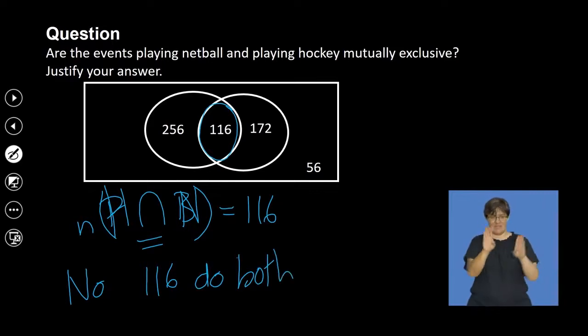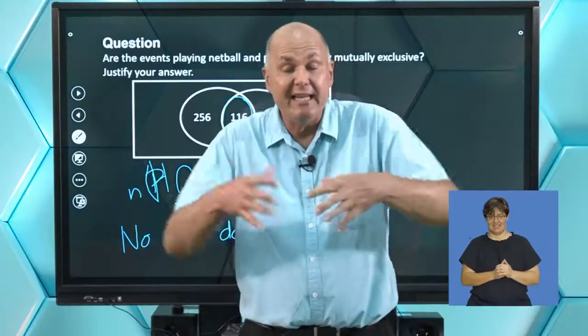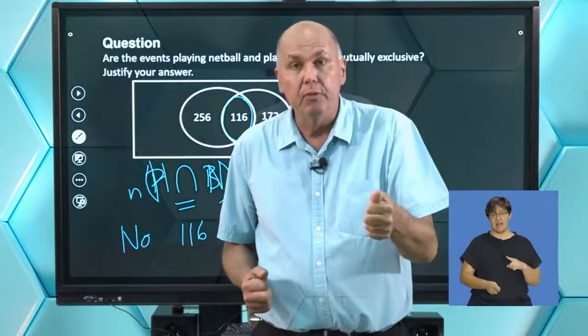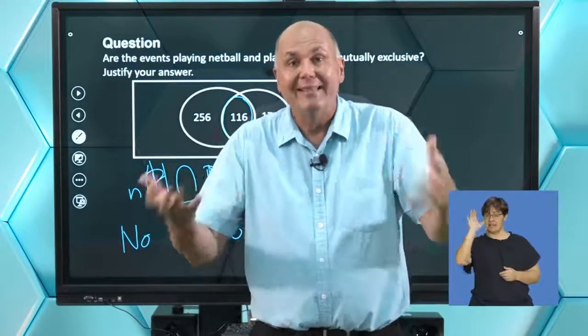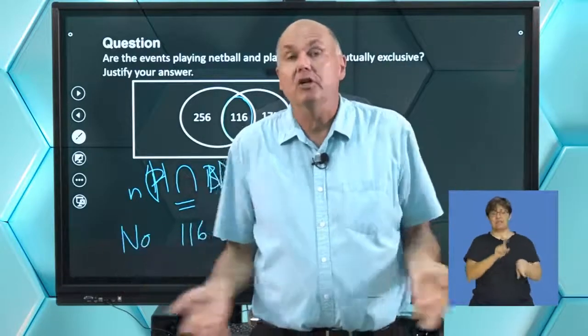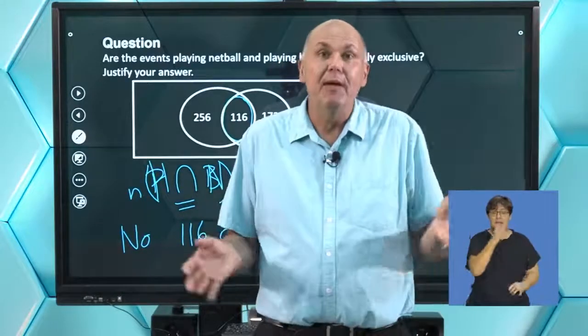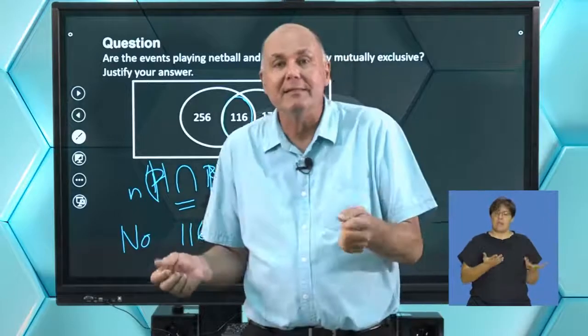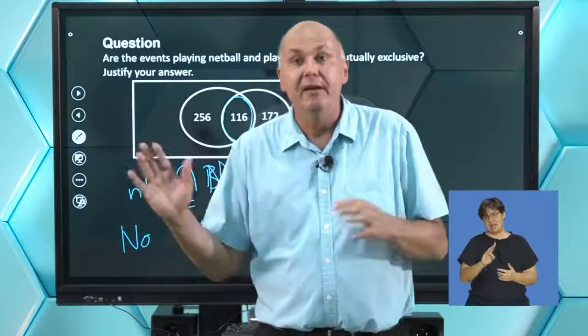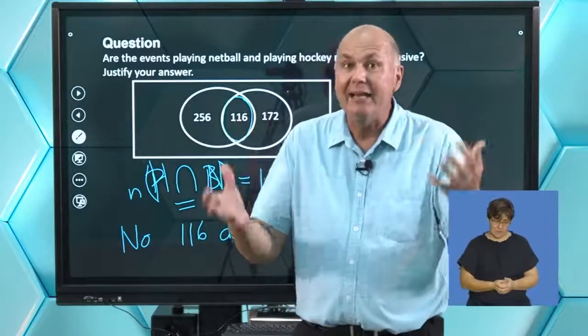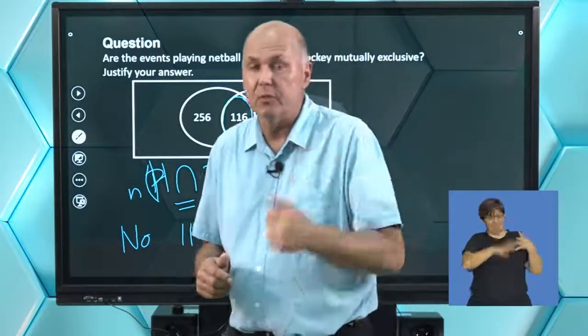The intersection is not equal to 0. In other words, in a season, you can play netball and hockey. Not obviously at the same time on a Saturday, but maybe you could play hockey on a Wednesday and you could play netball on a Saturday. That would be up to the way the calendar is arranged and the way that the sport is organized in the school.